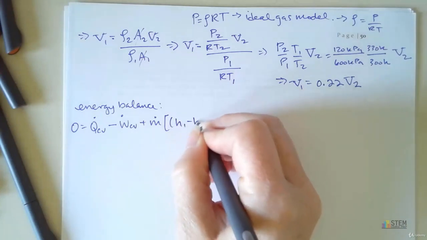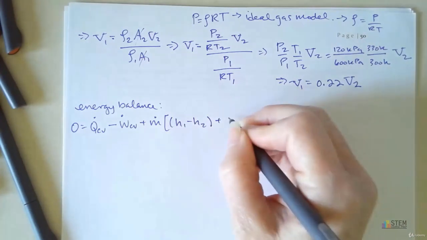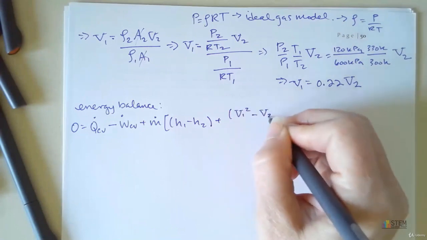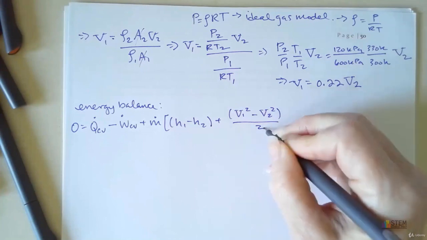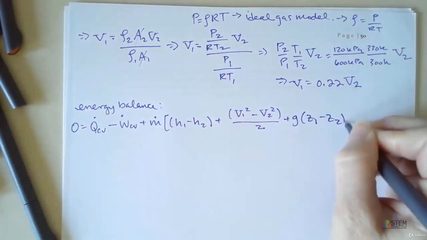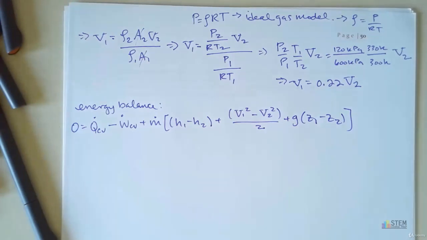Multiply that by h1 minus h2 plus V1 squared minus V2 squared, put that over 2, plus g times z1 minus z2. So that's our equation. Now let's look at that and see if we can simplify any of this.